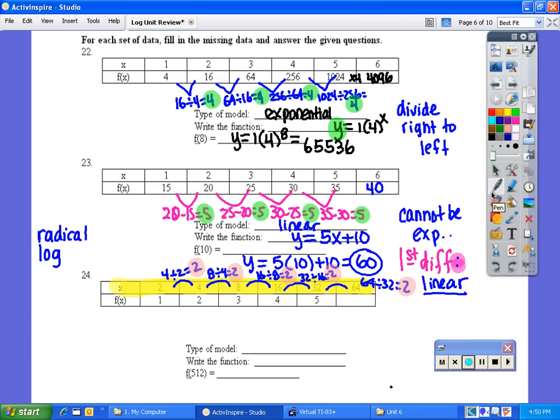When you divide and they're all the same, that's exponential. But since this is on the top, this is what's called an inverse exponential. Well, an inverse exponential is called a log. Or as I like for you to write it, logarithmic.